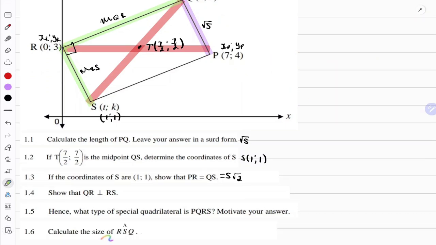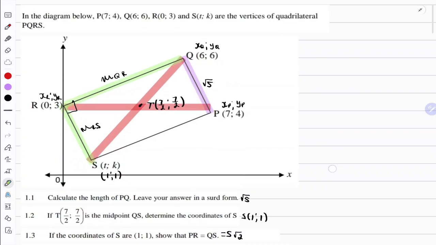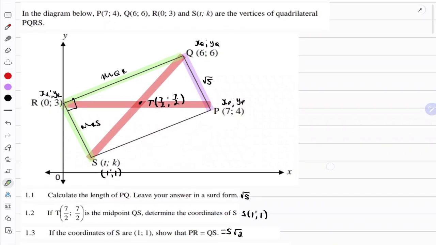And the last question says, calculate the size of angle RSQ. So let's identify angle RSQ on the diagram. On the diagram, angle RSQ is given by this angle, RSQ. So this here is the angle that we need to find.